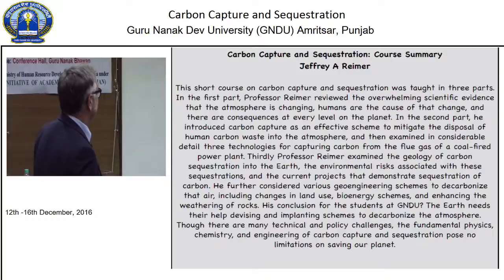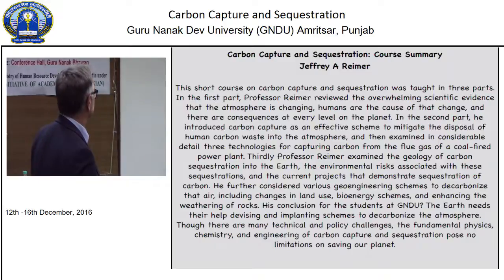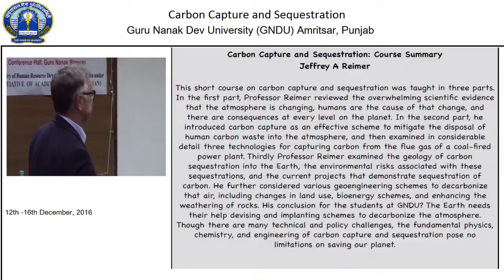And then finally, we looked at the geology of carbon sequestration, the environmental risks, projects that are taking place to demonstrate that it can happen, and the various geoengineering schemes to decarbonize the atmosphere.